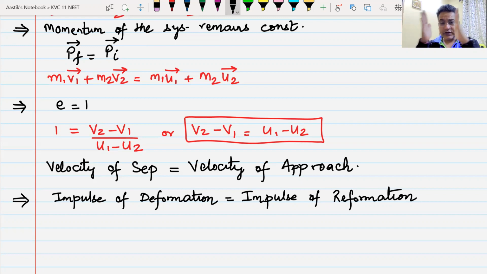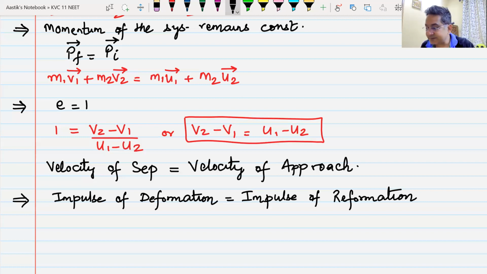If they completely come back to their original shape and size, then the collision is known as perfectly elastic collision.